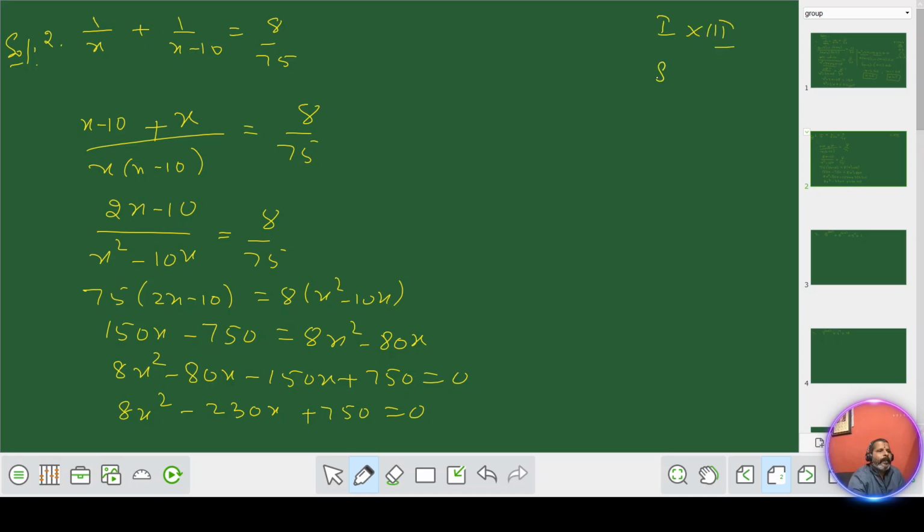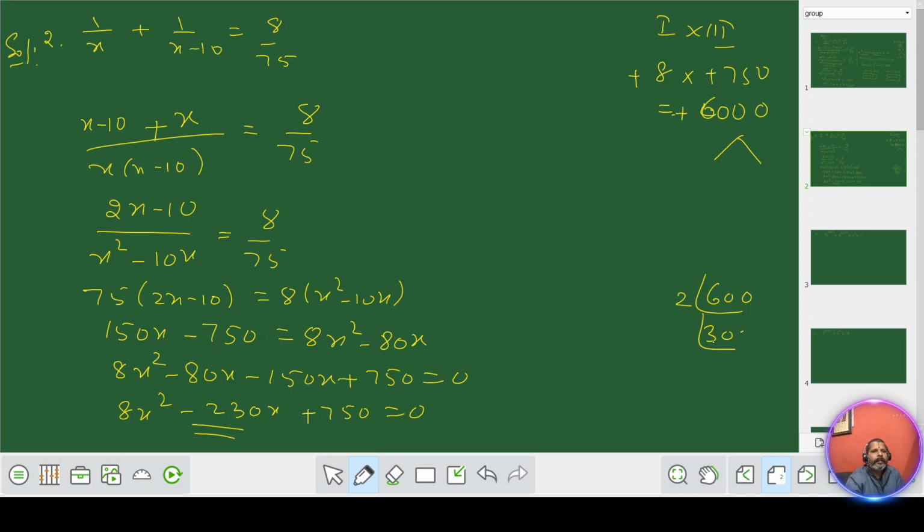Let's see. 8 into 750. 8 zeros are 0, 8 fives are 40, 56 plus 4, 60. 6000. Factors we have to find such that their addition will give you minus 230, right? So 6000 you have to find like this.